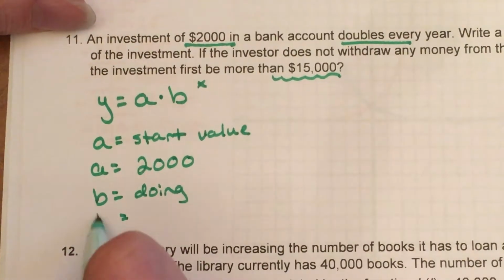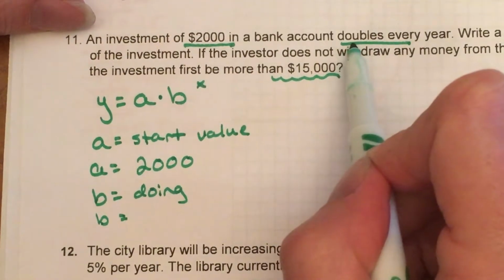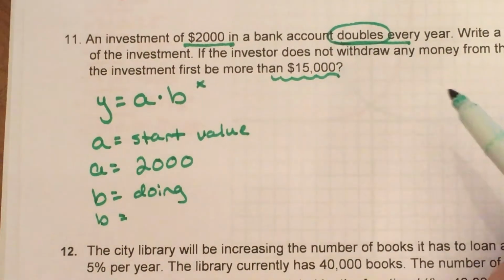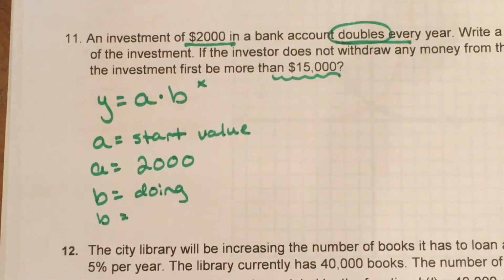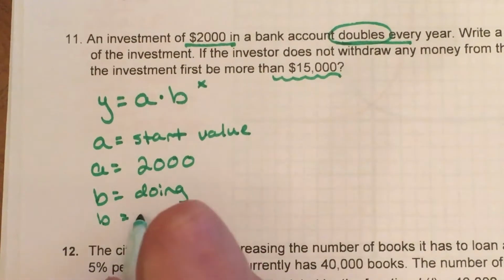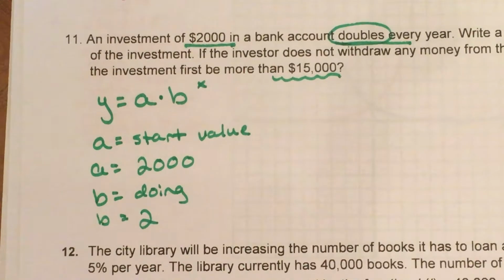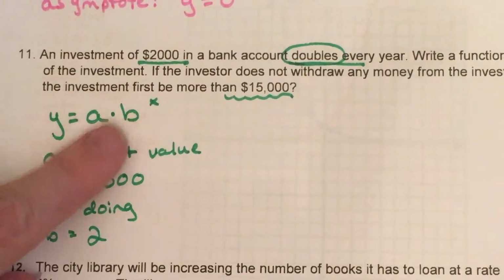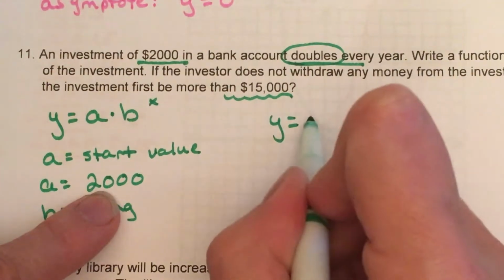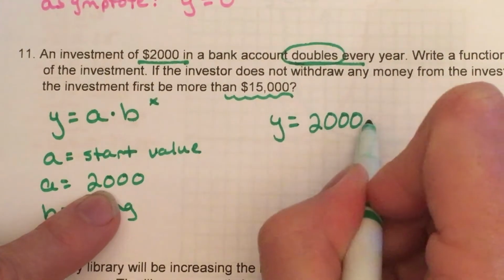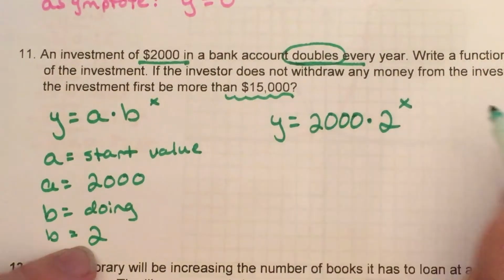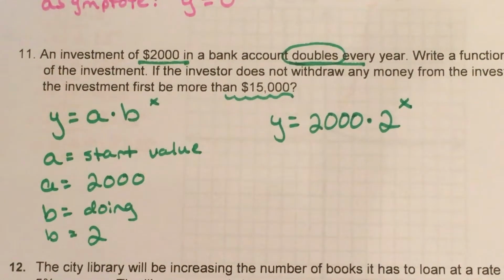B is what it is doing. So what is B doing in this problem? It's doubling. So when you double something, what are you multiplying by? 2. You multiply by 2. So your equation becomes y equals 2,000 times 2 to the x power.